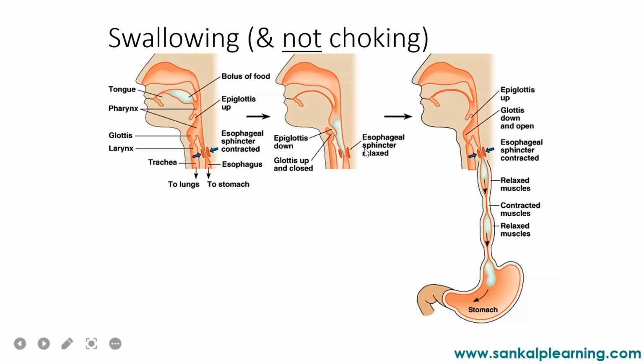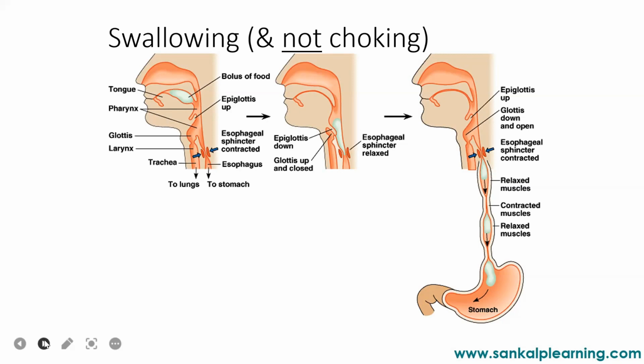Here we have one of the major parts called the epiglottis, which closes the windpipe when the food is swallowed. If the epiglottis is not closed, the food will enter the windpipe, and sometimes we will cough during eating.